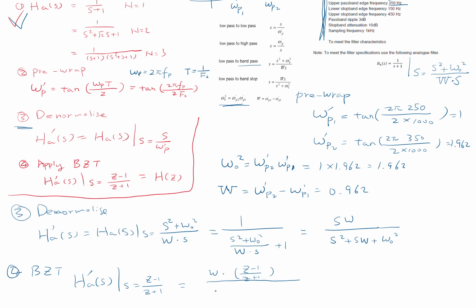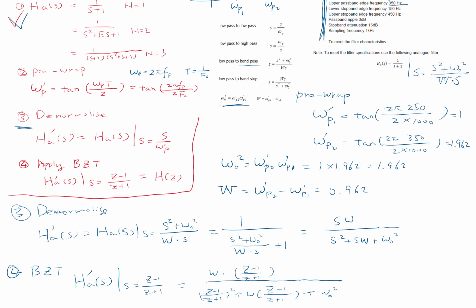On the bottom we have Z minus 1 over Z plus 1 squared, plus another W term, replaced, and plus omega naught squared.